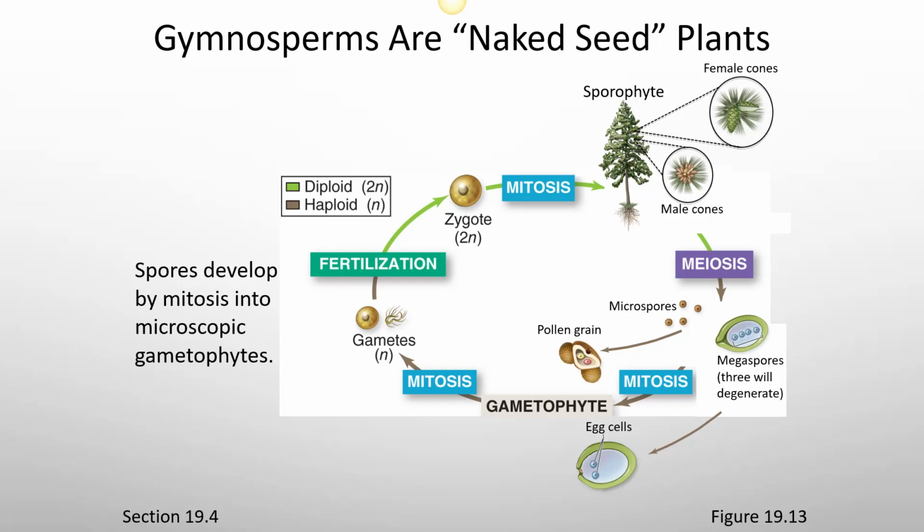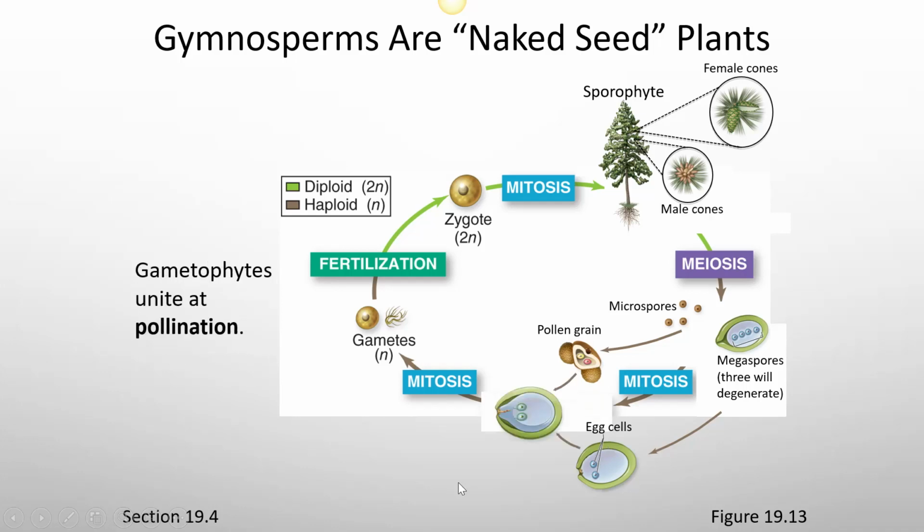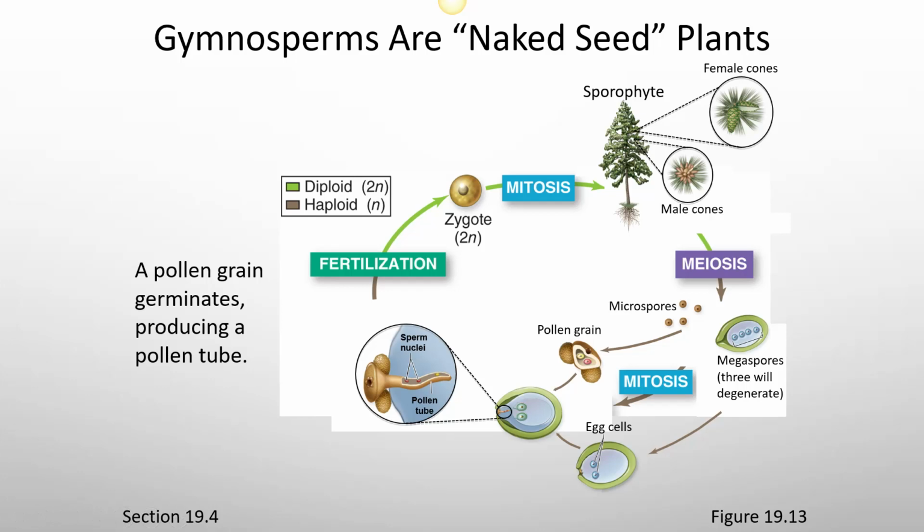Spores develop by mitosis into microscopic gametophytes. Gametophytes unite at pollination. A pollen grain germinates, producing a pollen tube.